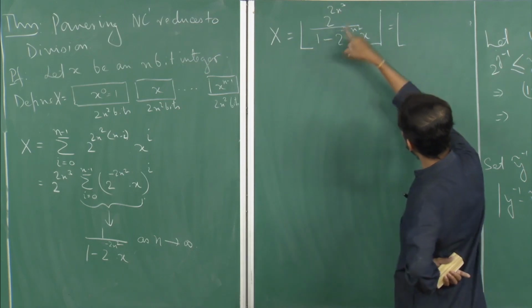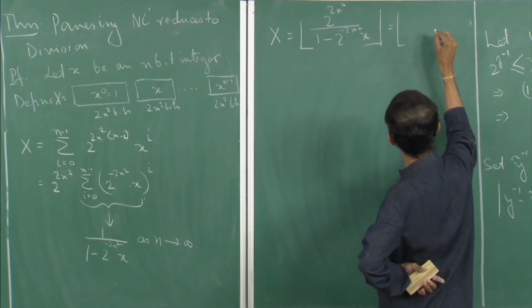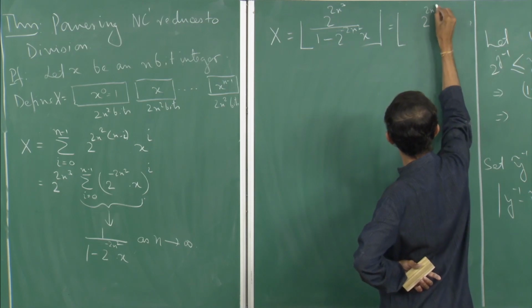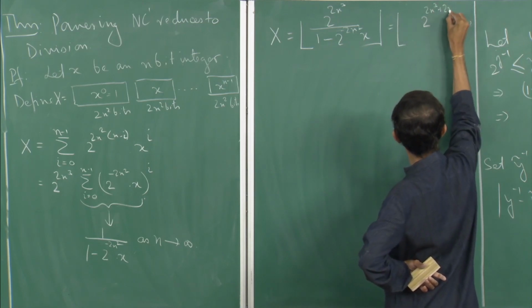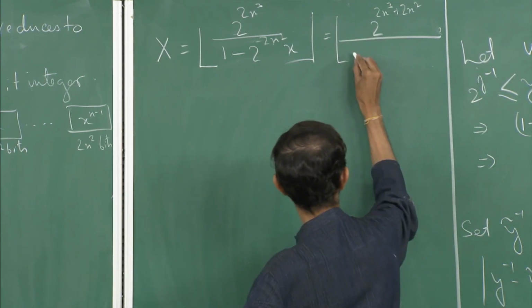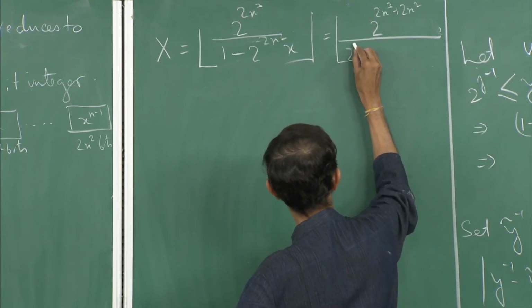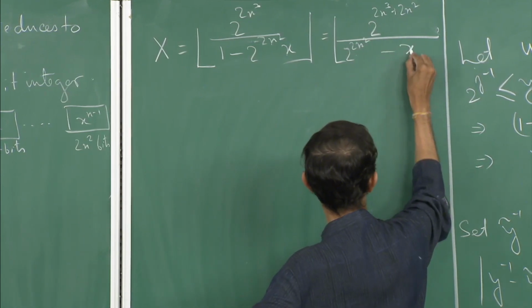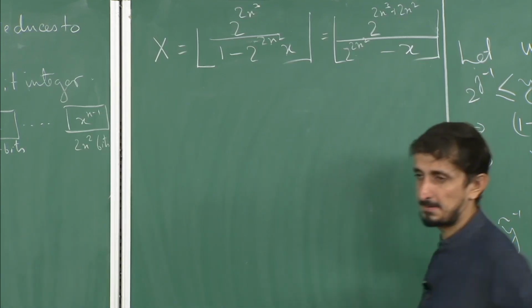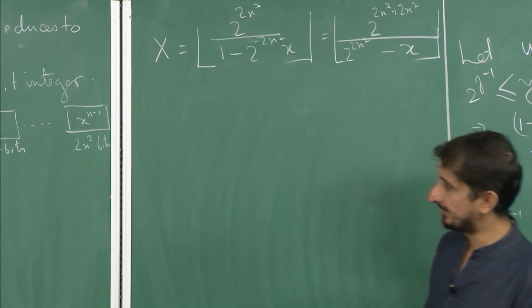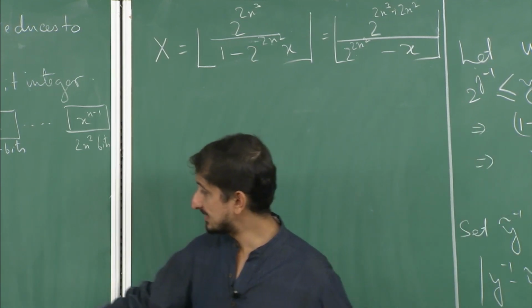So multiply both numerator and denominator with 2 to the power 2n square, so I will get 2 to the power 2n cube plus 2n square divided by 2 to the power 2n square minus x.